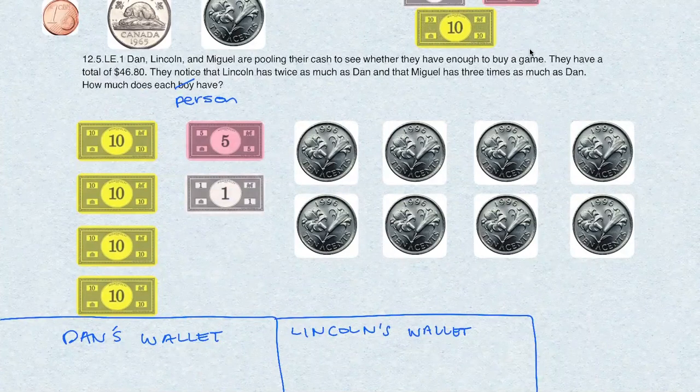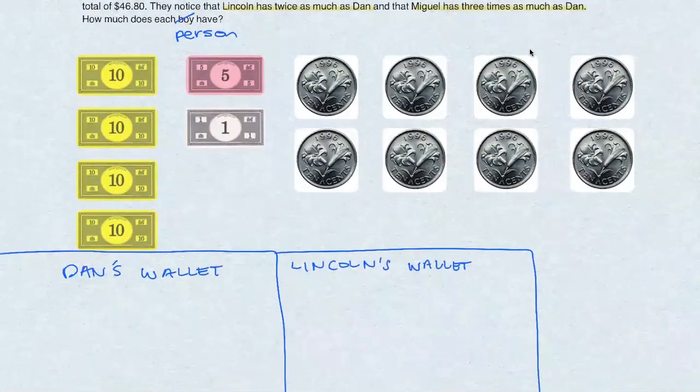$46.80 is already taken care of, so the first two sentences we've already analyzed. But there's one very important piece of information we haven't gone over. Lincoln has twice as much money as Dan, and Miguel has three times as much money as Dan. So, what does that mean?